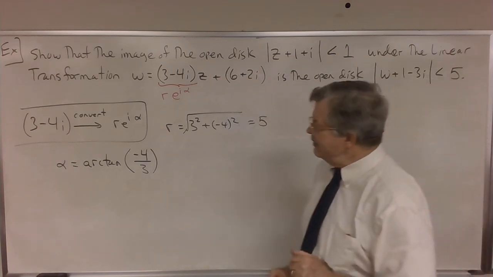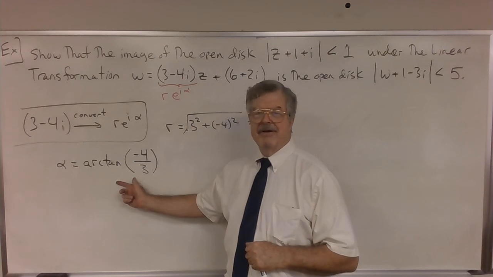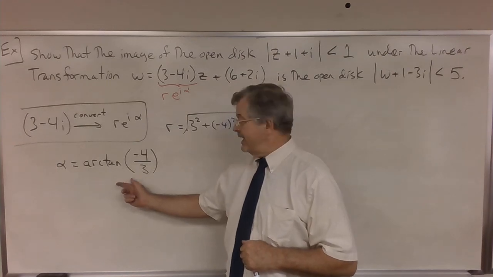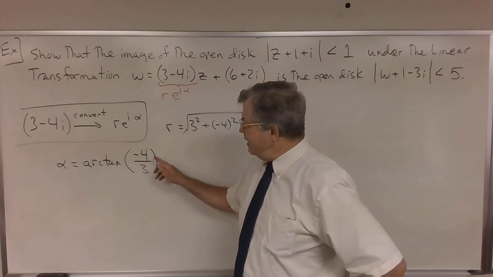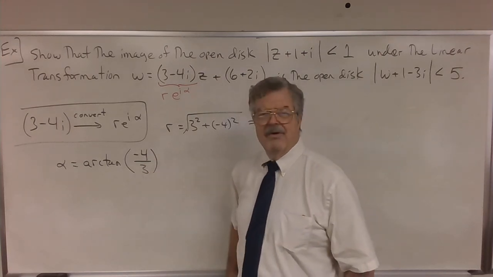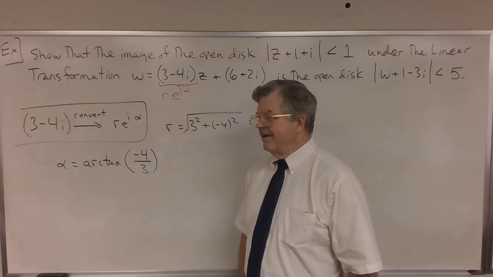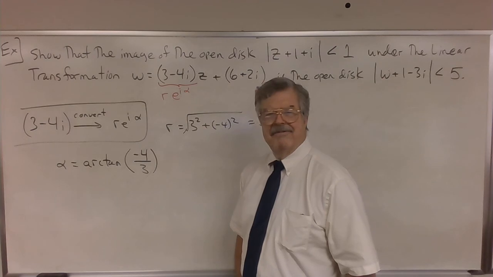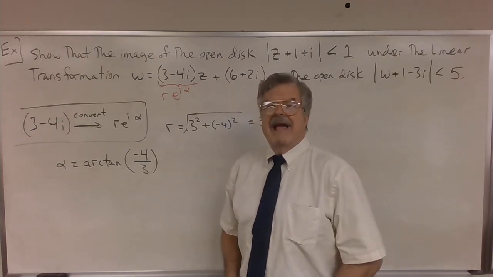You know, if we could turn this into an angle like pi over 3 or 3 pi over 4 or 3 pi over 2 or something like that, I'd say this is the way to go. But the arctangent of negative 4 over 3, I'm thinking it's like negative 53 degrees or something, approximately, not exactly.